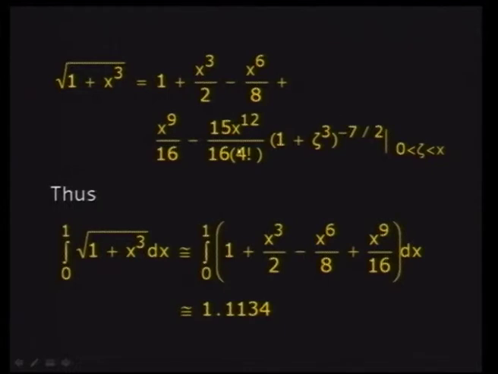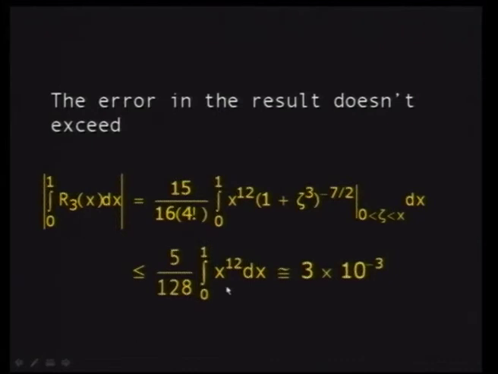Why? Because there is a remainder here. You remember when we were talking about Maclaurin expansion, we said that there is a remainder. So we have to integrate also the remainder. The maximum value of this remainder is equal to 15x squared divided by 16 times the factorial of 4. When you integrate the remainder, you get the error, 3 times 10 to the minus 3.